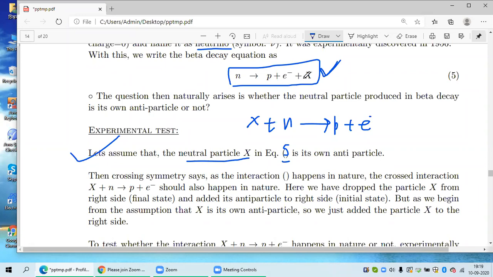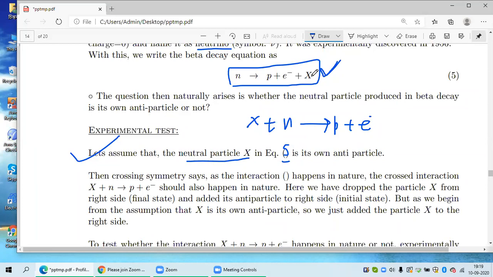Yes, sir. If that is so, then we also know that any particle and its antiparticle have opposite signs of quantum number. The value of a particular quantum number for a particle is related to the corresponding value for its antiparticle by a negative sign.